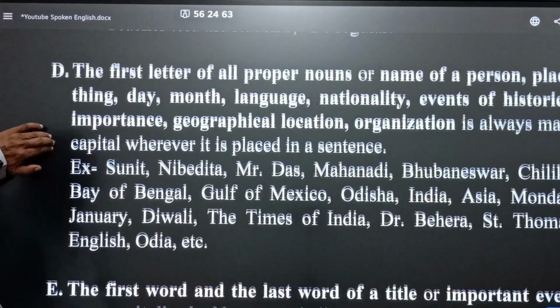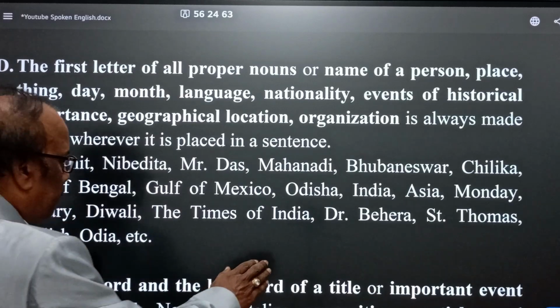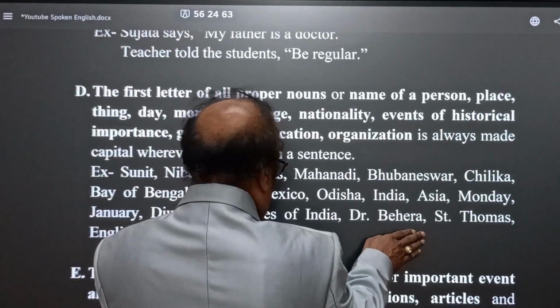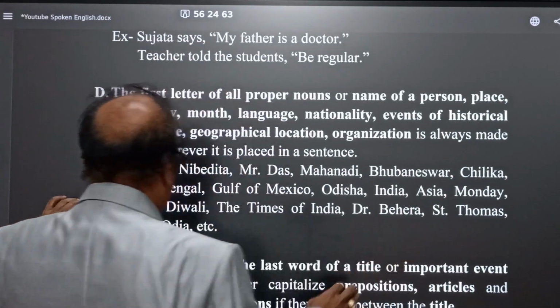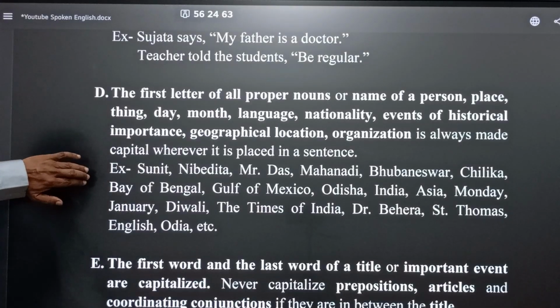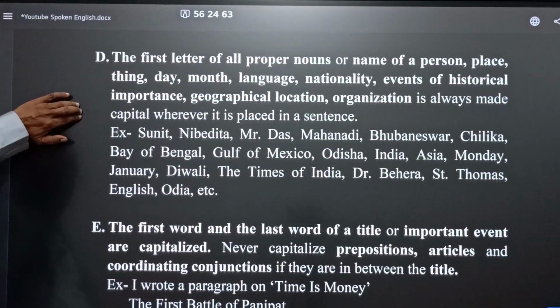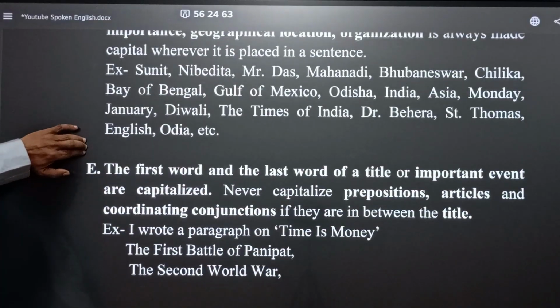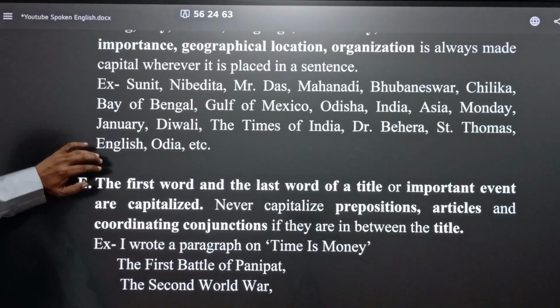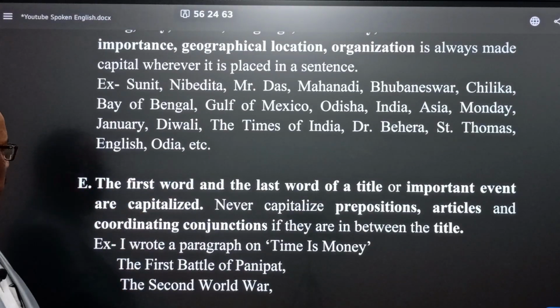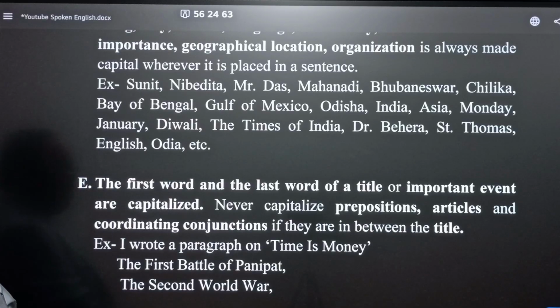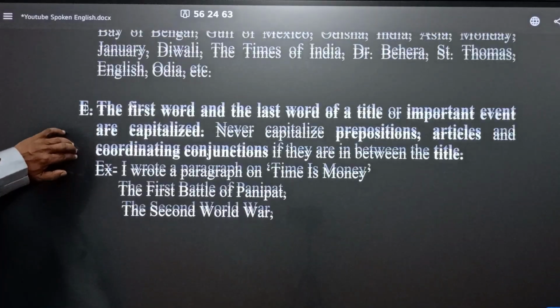So here we find how we use capitals for the first word and the last word of titles of importance.